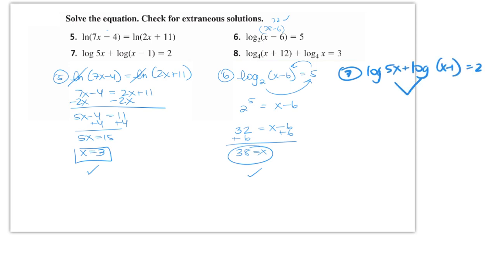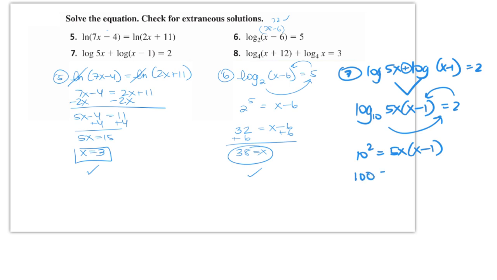I have log of 5x plus log of x minus 1 equals 2. I'm going to start by condensing. Now, this is log base 10, if you're wondering, but it's going to be 5x times x minus 1 because that's addition, equals 2. So now I'm going to rewrite it. 10 squared equals 5x times x minus 1. 100 equals 5x squared minus 5x.